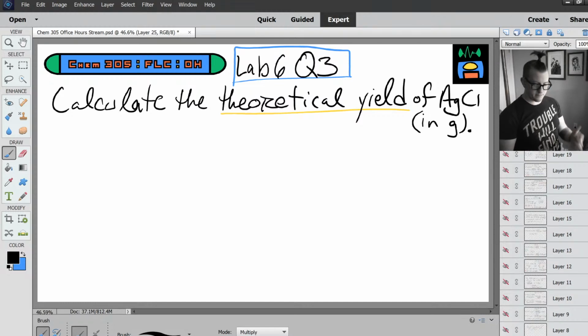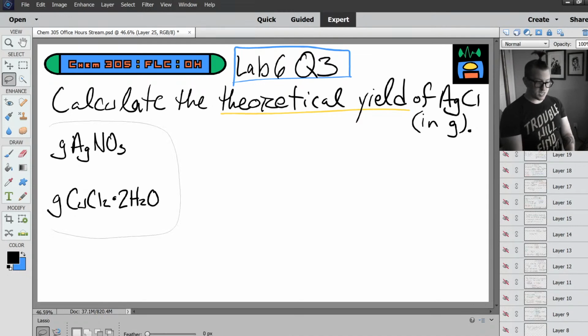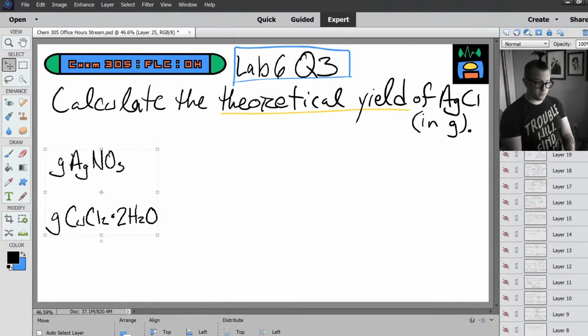So we're given the grams of silver nitrate, and we're given grams of copper 2 chloride dihydrate. To calculate theoretical yield, when you have 2 starting quantities, you have to do the theoretical yield calculation twice, and then whichever one comes out smaller is your theoretical yield, and it is given to you by your limiting reagent.